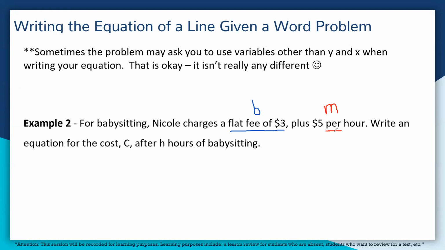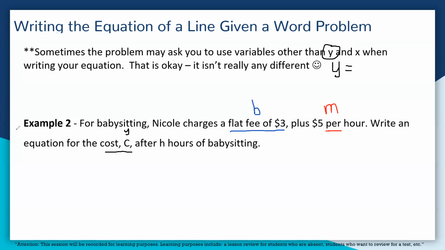Or, if we look at it from the flip side, how much the people are going to have to pay Nicole, what it's going to cost them to hire her as a babysitter. So that total value is going to be our Y. Because remember, our equation starts out as Y equals. So that Y can be thought of as our total, which would be our cost C.